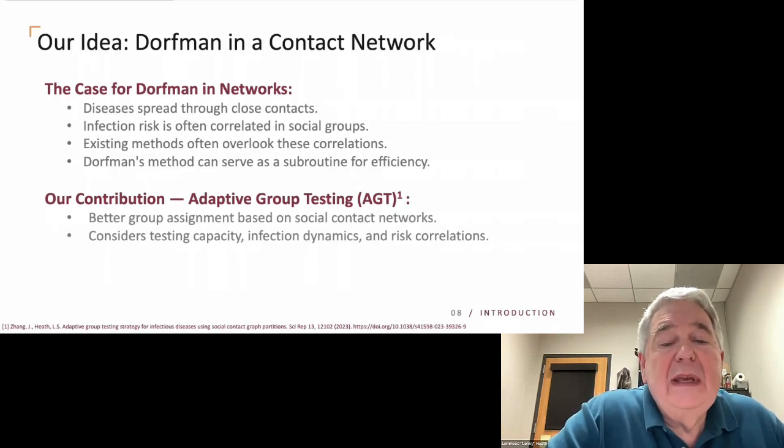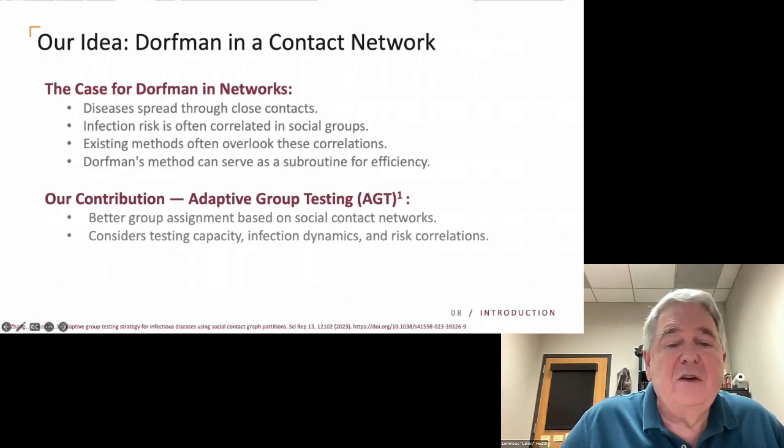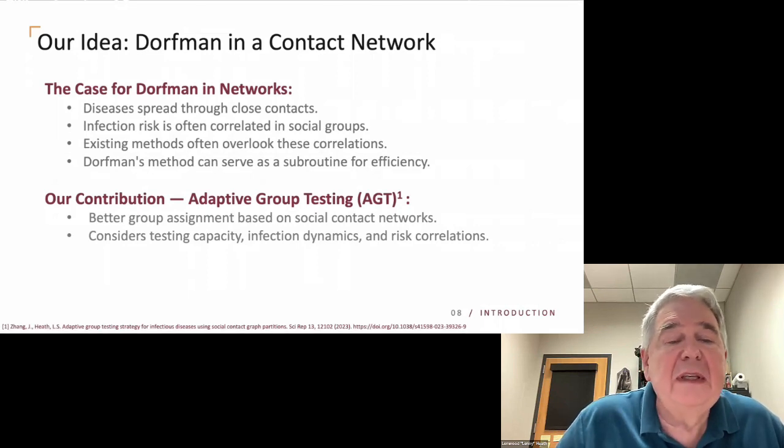That way we can perhaps use Dorfman as a subroutine for doing multiple rounds of testing over time, and also be aware of the contact network and do a better job of the number of tests and the reduced number of infections. So that's our idea. It's called adaptive group testing, and that's what I'll try to explain now.